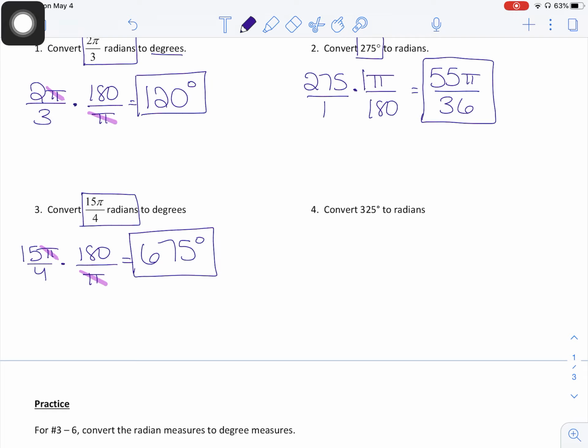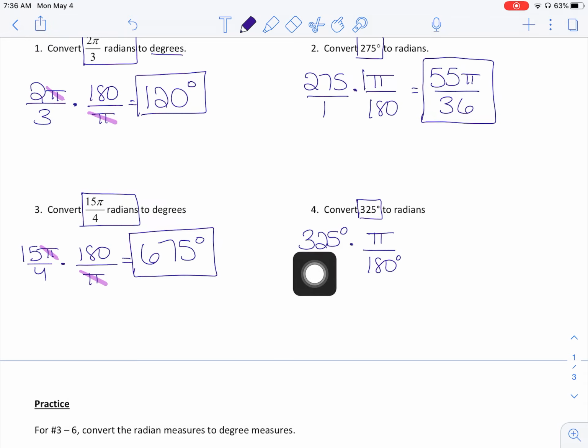And last but not least, problem number 4 here, convert 325 degrees. So 325 degrees times, if it's in degrees, I'm going to go ahead and put this as a pi over 180. Okay. Now, one thing that you might want to check for is, see how I have degrees up here, and then I have degrees down here, so those degree terms would cancel out.